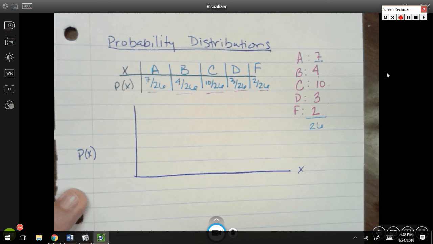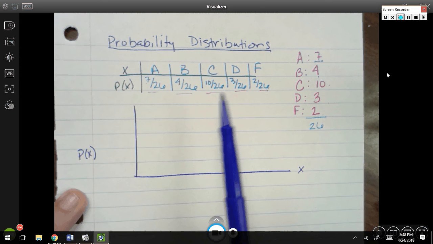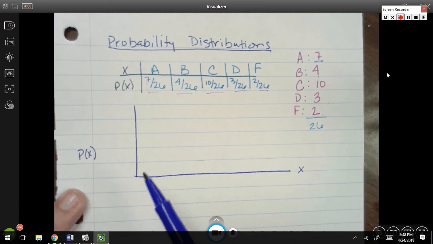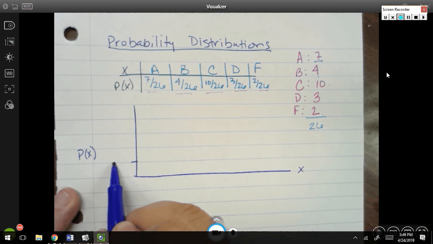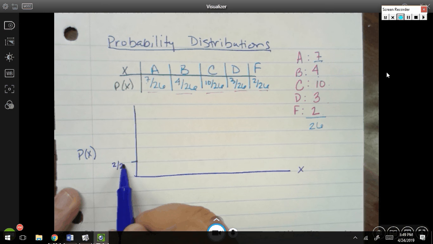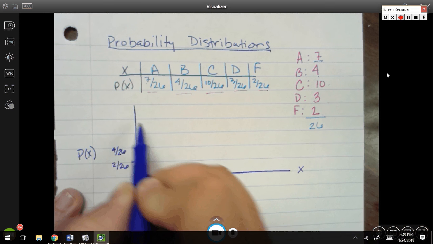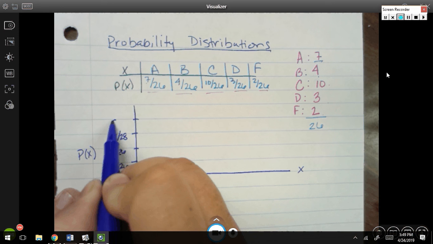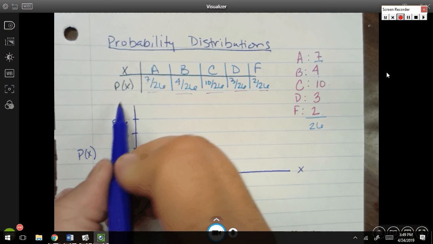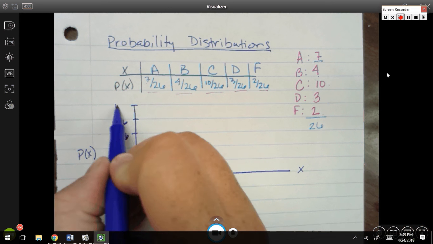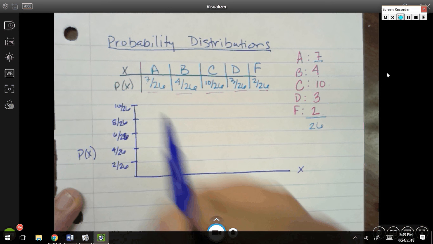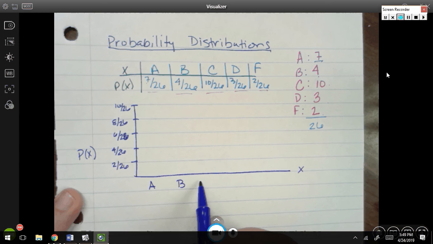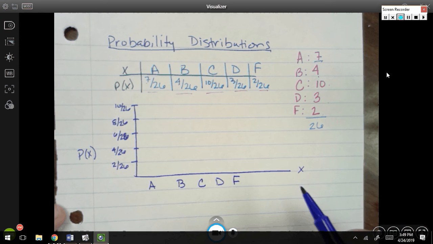Okay, so let's see, I go from 2 up to 10, so I'll just let each line be 2, 4, 6, 8, and 10. And of course, I'm going to have A, B, C, D, and F as my random variables here.